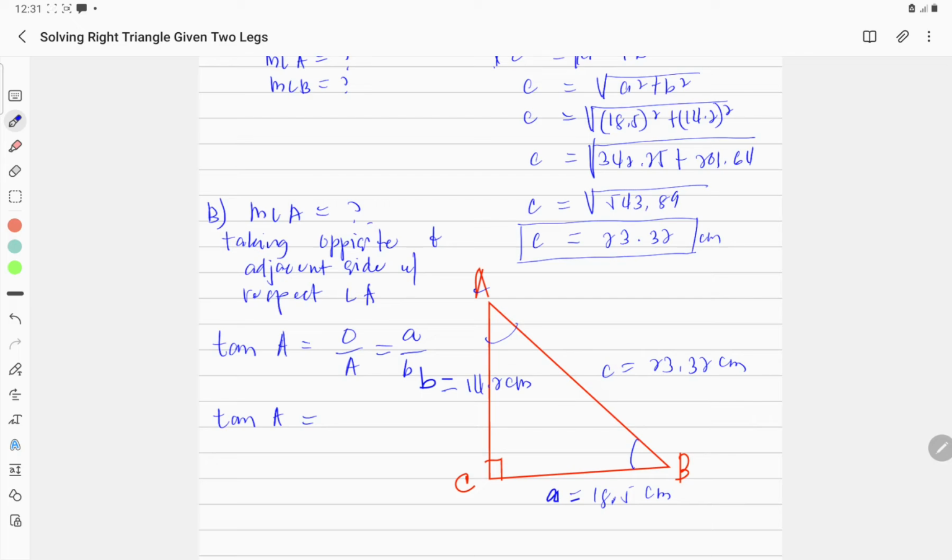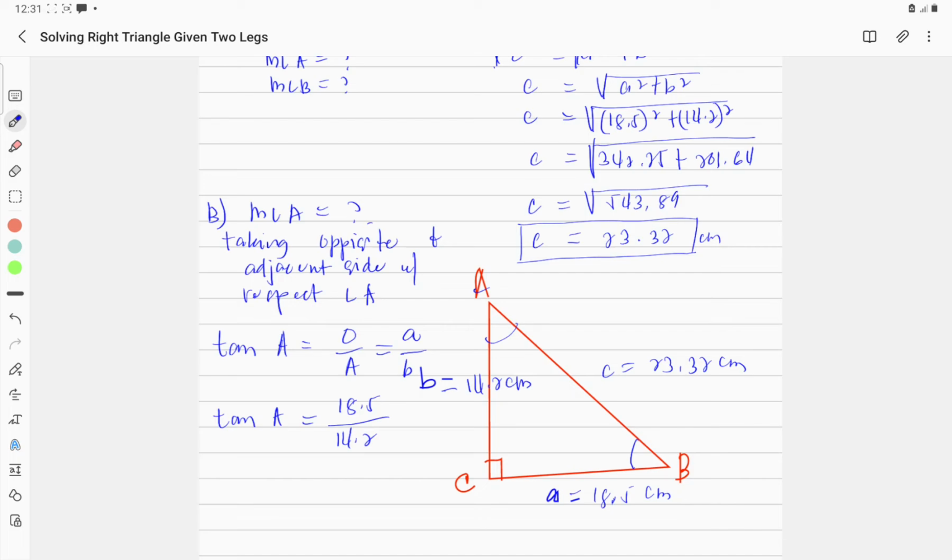18.5 divided by 14.2. Using your calculator, you divide that.